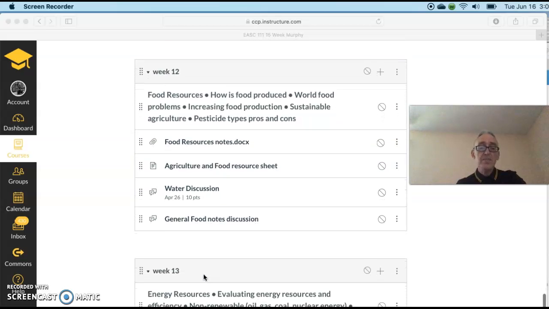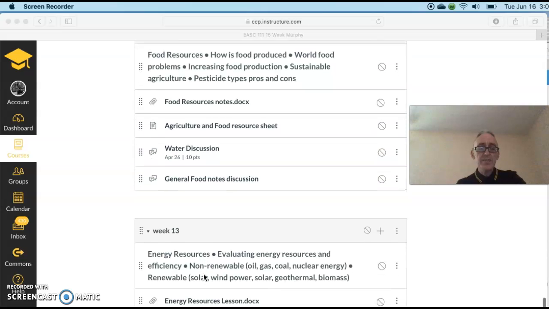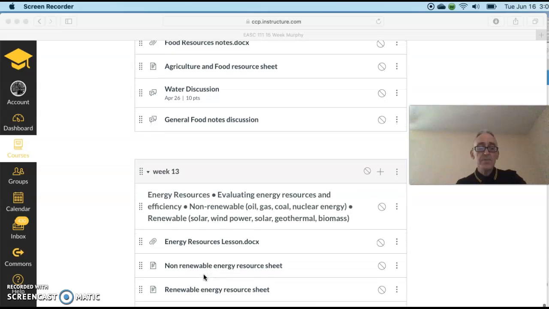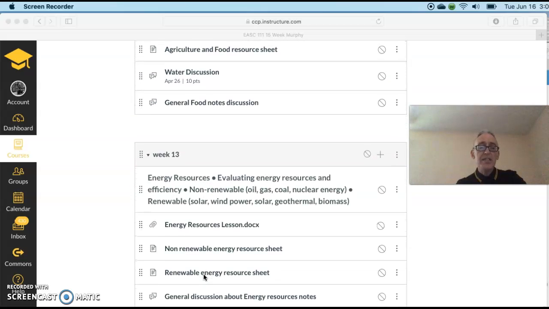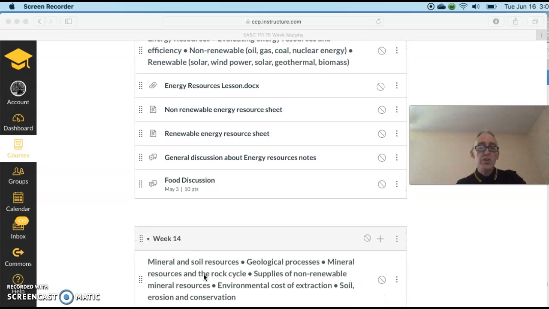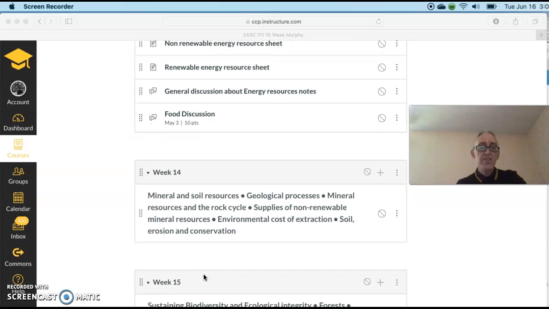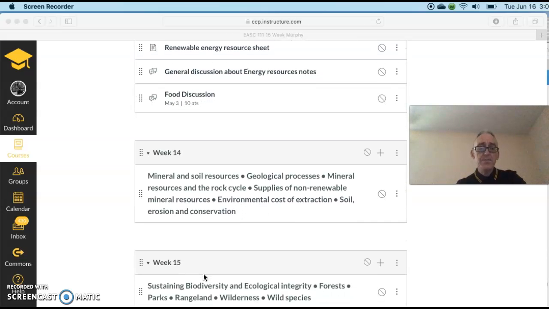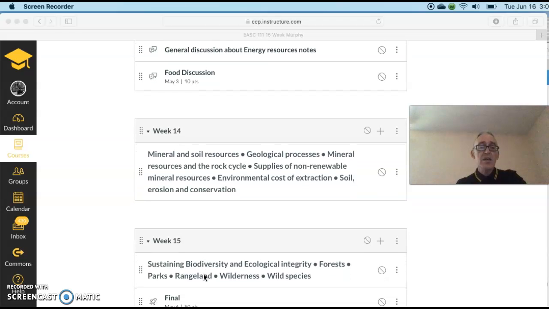By week 13, we'll be looking at energy, and again there'll be notes relating to energy. Week 14, we're going to be looking at minerals and soils, and by week 15, sustainability and ecological integrity, looking at different things like forests, parks, rangelands, and then there will be a final.